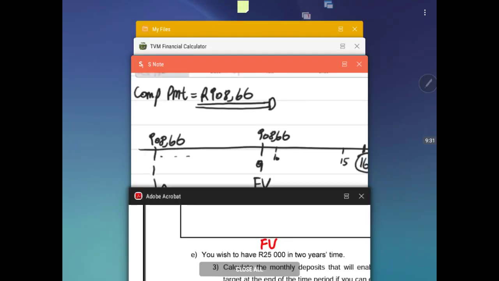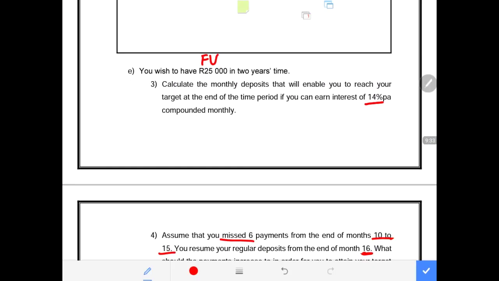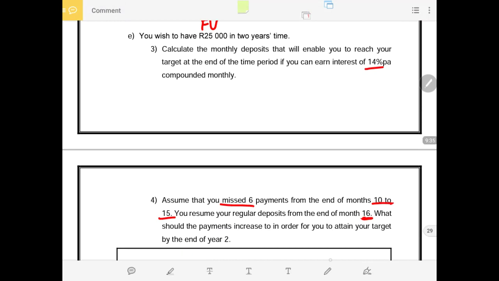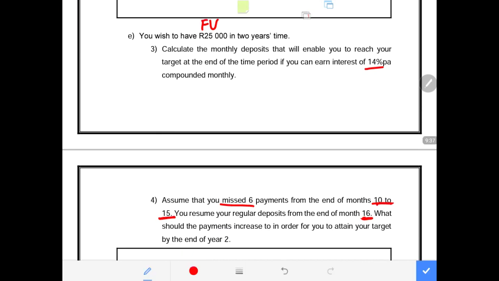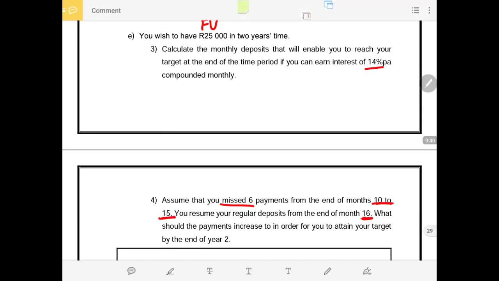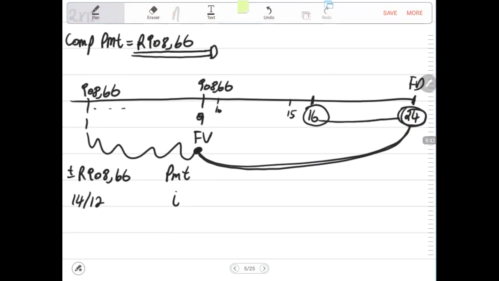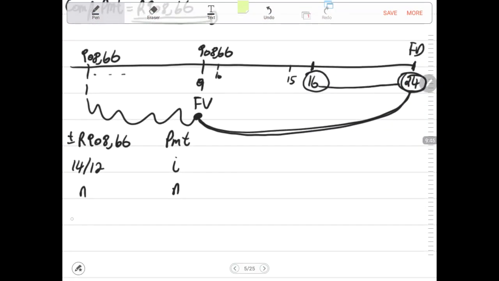Then we missed 6 payments, from month number 10 to month number 15. That means we only paid 9 months. Then our N will be the number of payments. Then we need to know the future value at the date of the last payment.